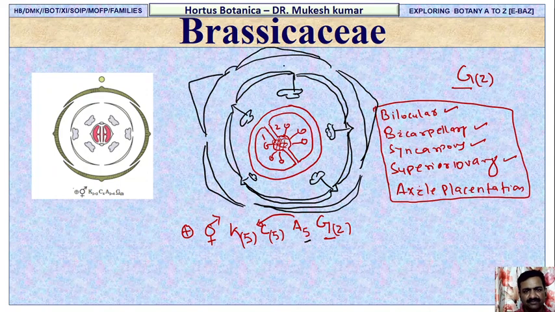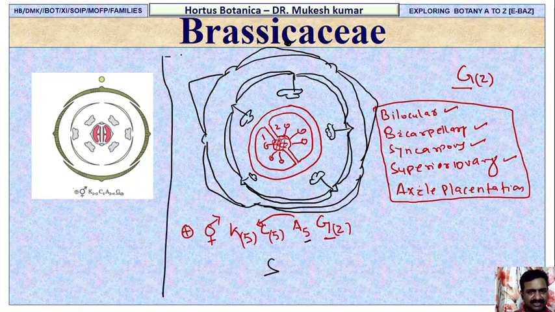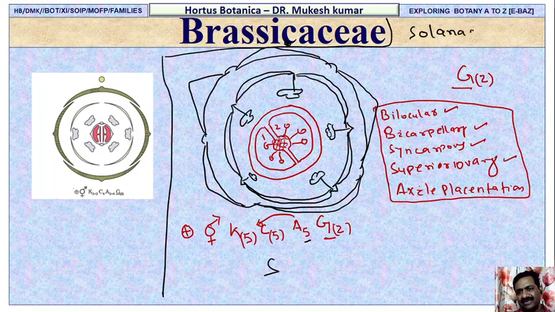They are also fused, so they unite. This is very common. And this is your mother axis. Don't get confused, this is about Solanaceae. I think the floral formula is very clear, and along with that I drew the floral diagram too. Easy?